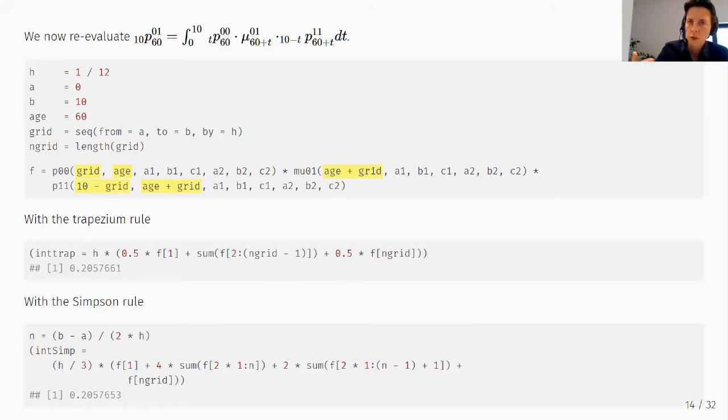And do remember, grid is a vector which runs from 0 to 10 in steps of size 1 over 12. So I start with h = 60, then h = 60 plus 1 over 12, and so on and so forth, and I end with h = 70, right?